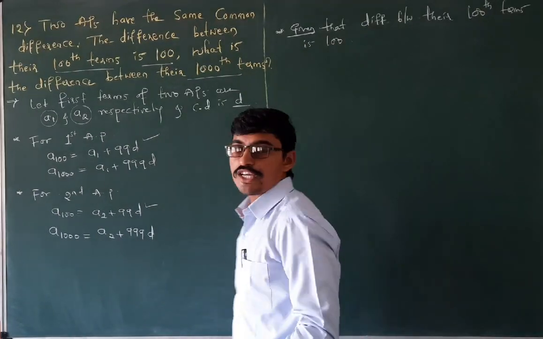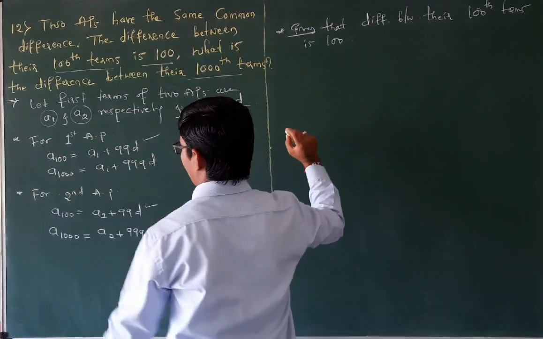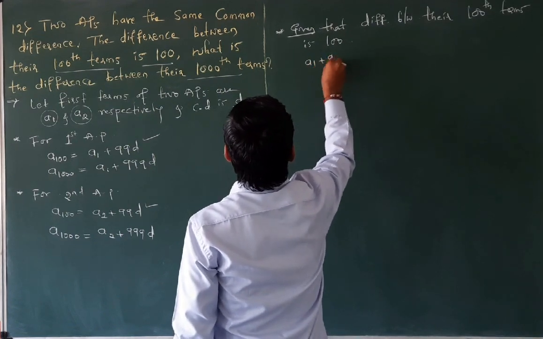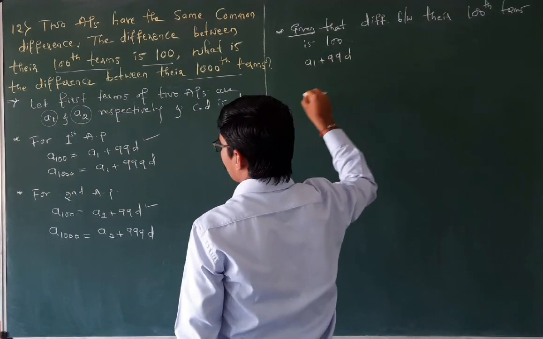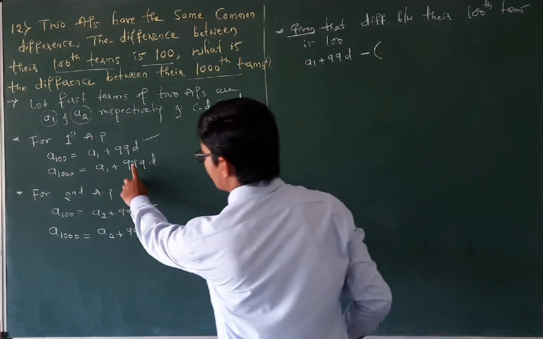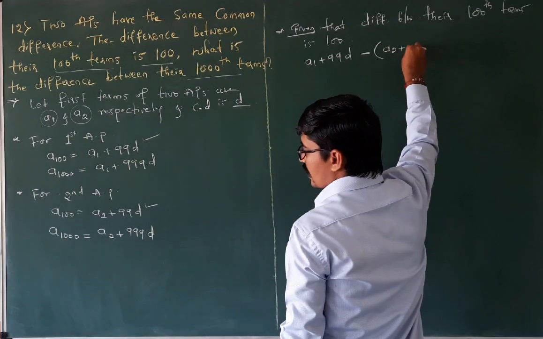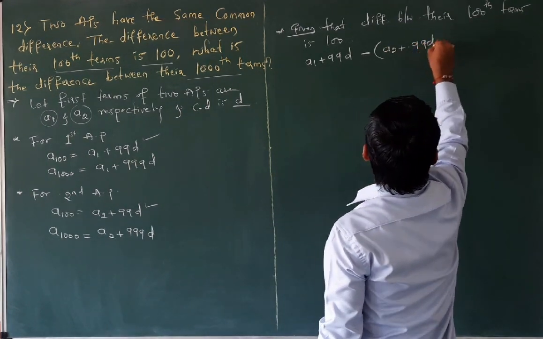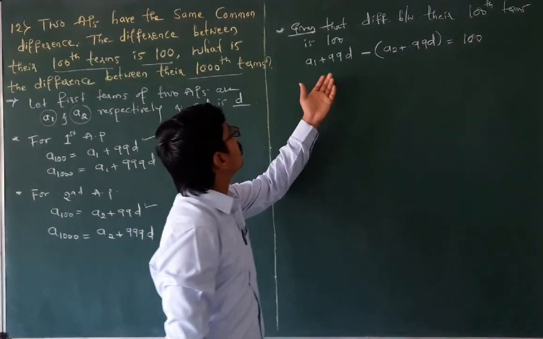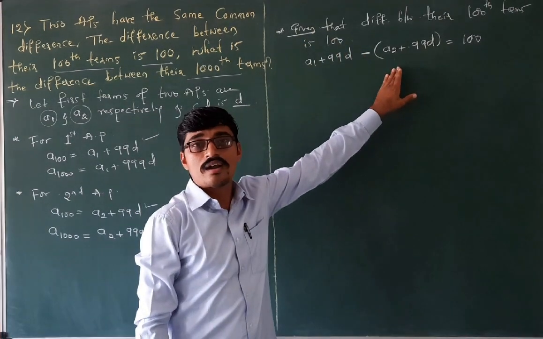So here, the difference between the 100th terms means A100, which can be written as A1 plus 99D, minus this term, A2 plus 99D, is equal to 100. It is given: the difference between their 100th terms.